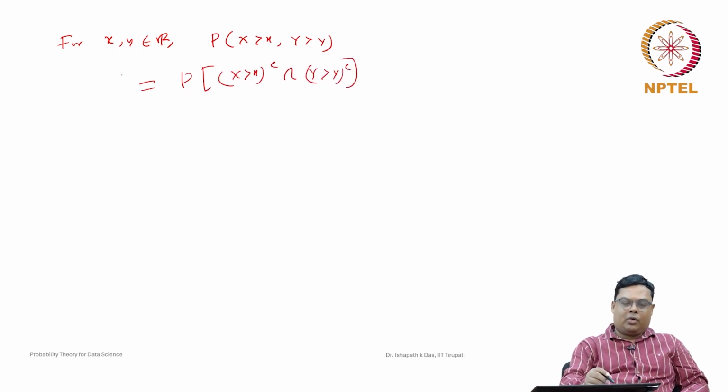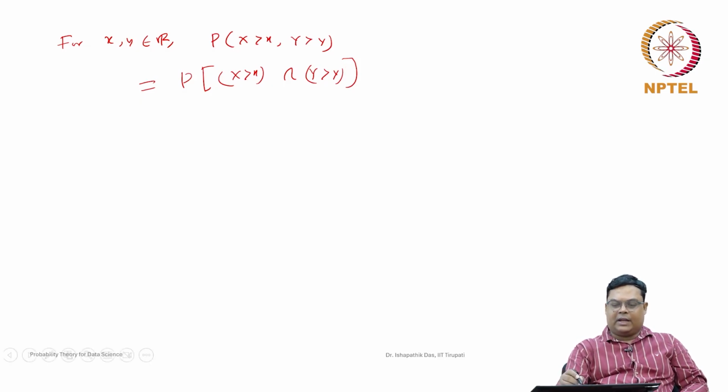So, for all x, y belonging to the real numbers, the probability that X greater than x, Y greater than y is X greater than x intersection Y greater than y. Now, because we know the probability in terms of F_XY(x,y), which is the probability that X less than or equal to x, Y less than or equal to y, it is better to find the complement of this.